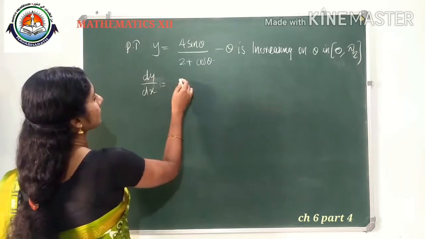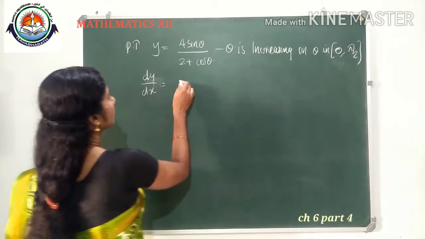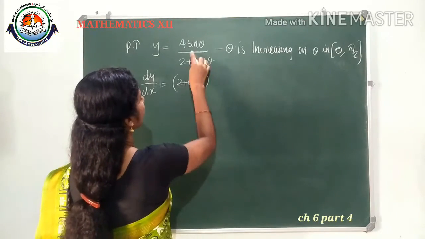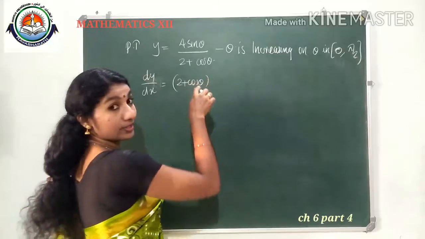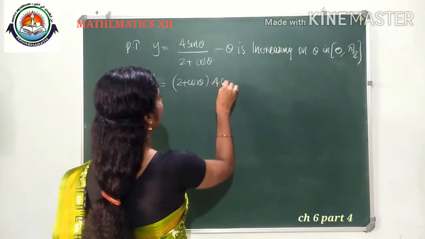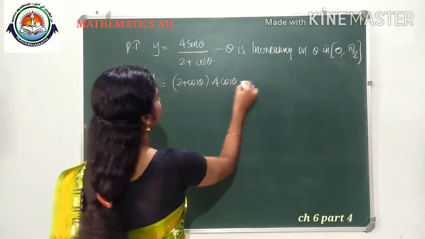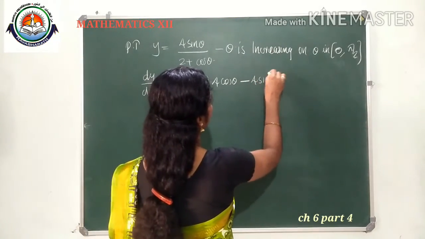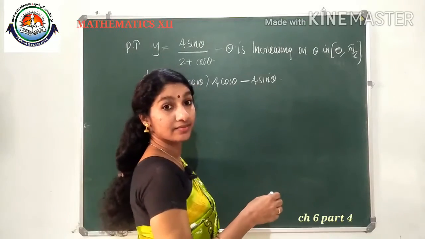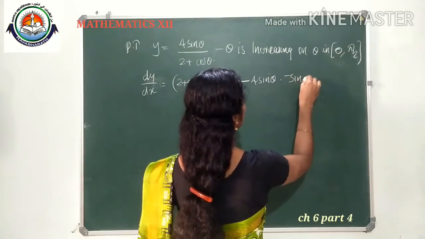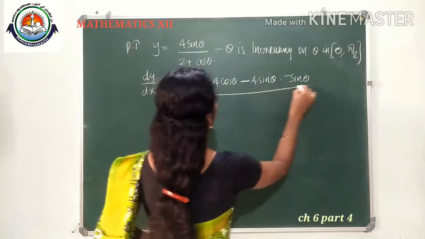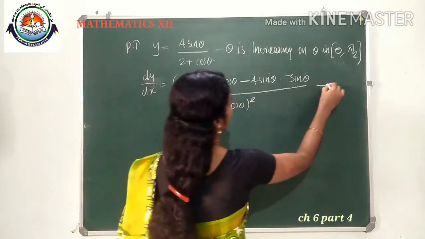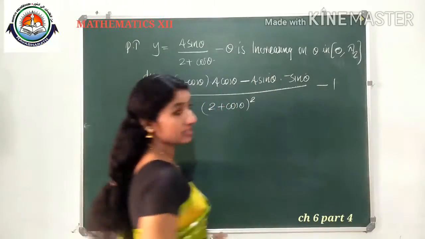dy by dx is equal to, here we need to apply the quotient rule: denominator 2 plus cos theta into the numerator's derivative 4 cos theta, minus 4 sin theta into the derivative of 2 plus cos theta, which is minus sin theta, divided by the denominator square, (2 plus cos theta) whole square, minus theta's derivative with respect to theta.